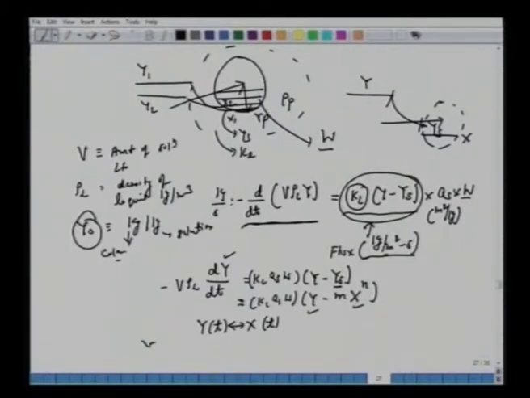So at any time, if the concentration is Y, that means Y0 minus Yt, so many kg of color per kg of this solution, has been transferred to the solid phase. So Y0 minus Yt multiplied by rho L into V is the total amount which has been transferred from 0 to time t.